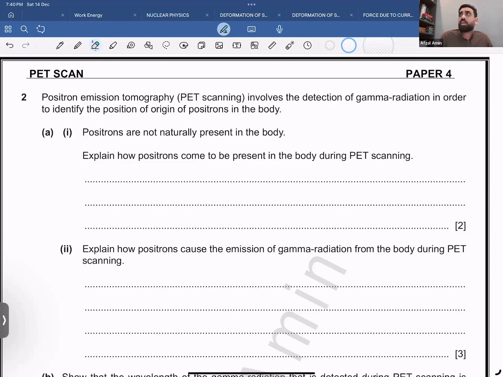How do these positrons come to be present in the body during the PET scan? It all starts from the tracer. So first of all, tracer is introduced into the body. Tracer undergoes beta positive emission, which is positron emission. So tracer is introduced, and tracer undergoes beta positive decay.